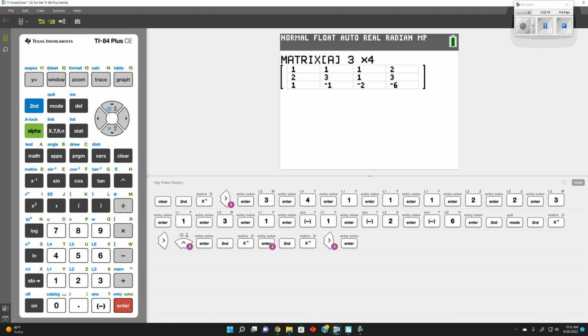It just turned the brightness down. Second matrix, because y equals, that one at the top, is what you hit. So 3 by 4.